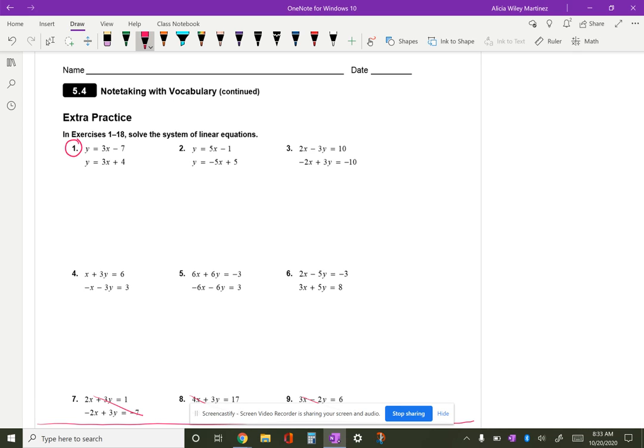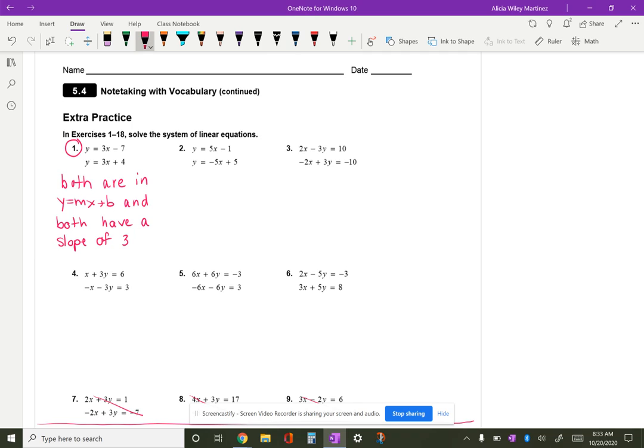And if you look, both of these equations are in y equals mx plus b, and both have a slope of 3. So I'm not really going to take the time to solve that by substitution.